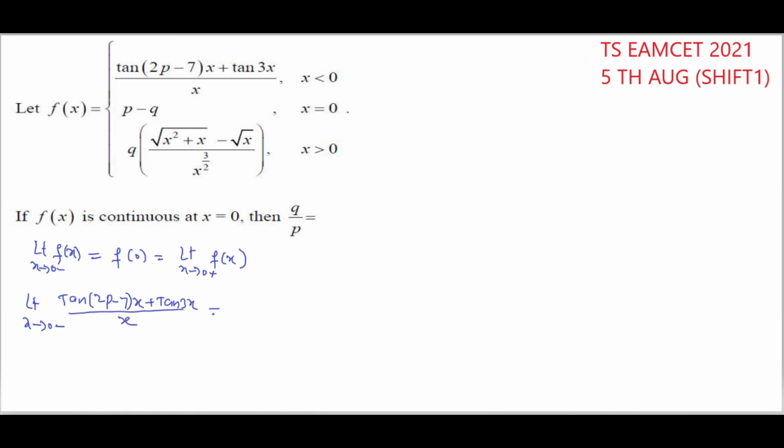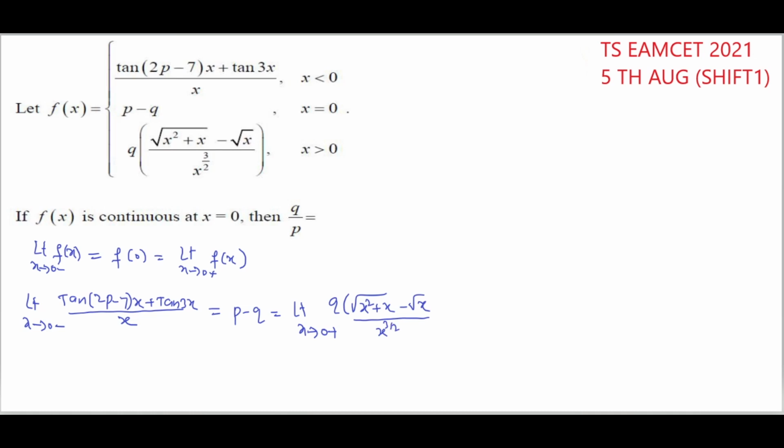So f of 0, that is equal to p minus q, that is equal to limit x tends to 0 plus, that is x greater than 0, the given function is q into root over x square plus x minus root x by x to the power of 3 by 2.